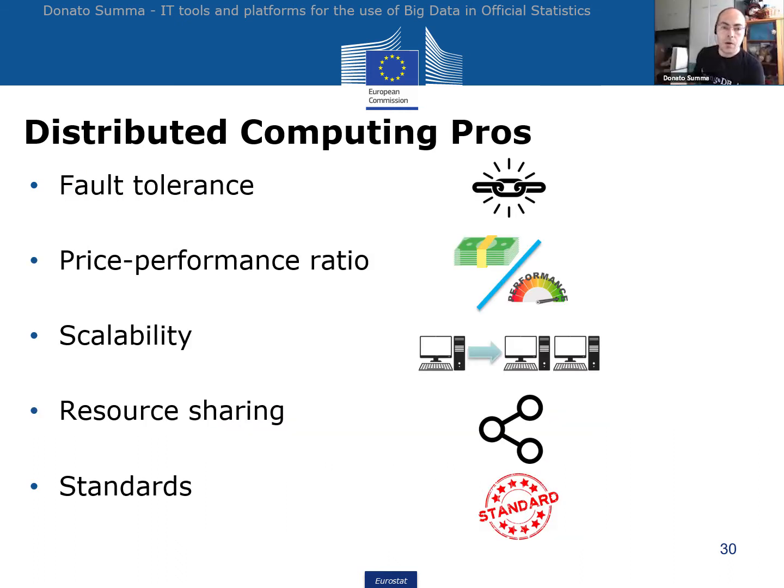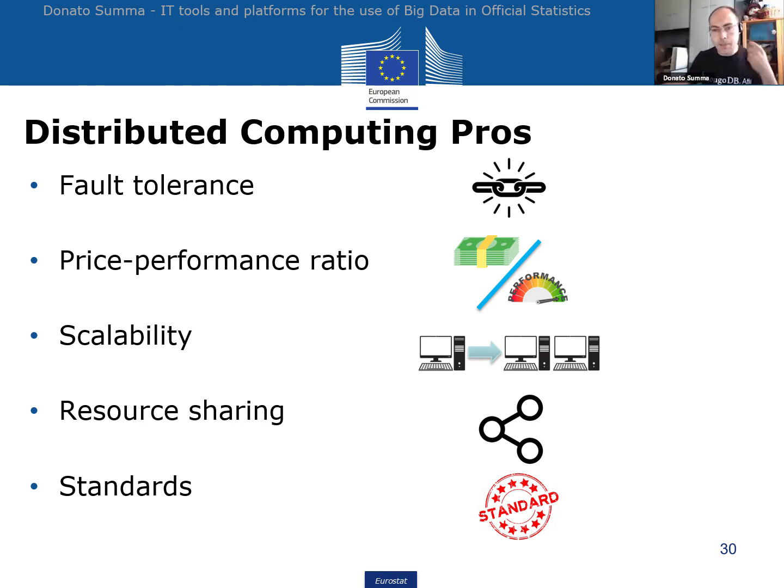Okay, now let's talk about the advantages that we can have if we decide to use a distributed system and we put in place distributed computing. In a nutshell, I summarized the main advantages in this slide.